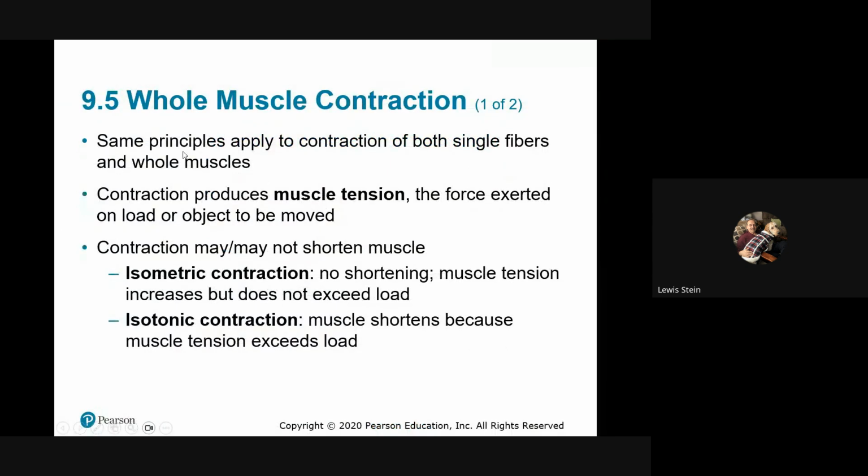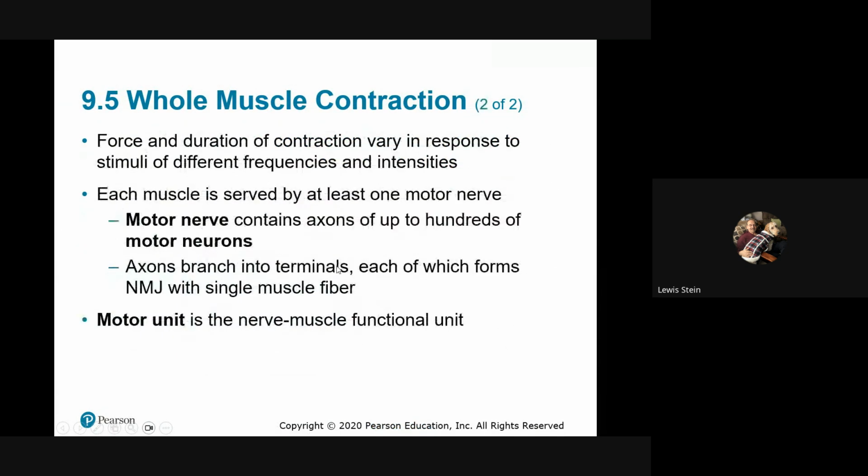So the same principle applies to both. The force and duration of the contraction vary with regard to the stimuli, in response to stimuli of different frequencies and intensities. To understand this, you're going to see a recurrent theme when we get into nerve and muscle. By and large, it's more about frequency than amplitude.